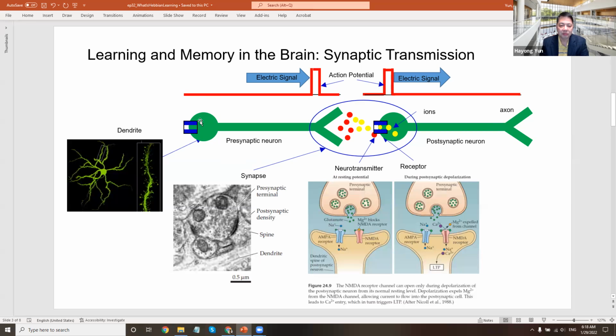If the signal that's coming in here is large enough, remember the activation function is like a step function, only if it passes a threshold will an electric pulse be sent here. And if that pulse is large enough, it will release some chemicals called neurotransmitters. They're stored here at the end somewhere. But if the electric signal is large enough, it pushes out here and pops.